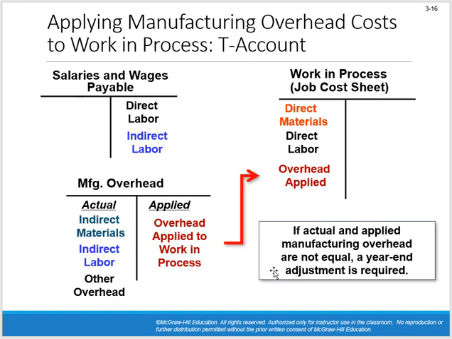And newsflash, they will almost never be equal. Remember, we're applying MOH based on the POR, and the POR is computed by taking an estimate divided by an estimate. So the likelihood of us being spot on and MOH just working out to 0 is really minimal. Highly unlikely that that would happen. So we need to plan on examining MOH at the end of the year and figuring out if we need to make that year-end adjustment.